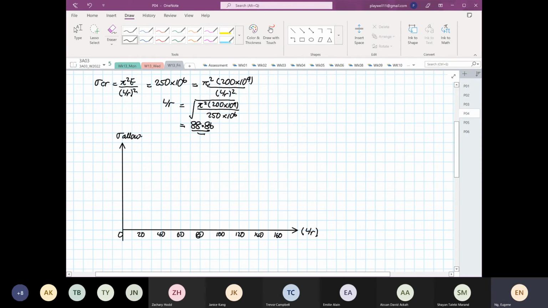I'm going to highlight a line over here, where our 250 times 10 to the power 6 comes in. Then on our x-axis, I'm going to highlight a line at 88.86. So physically, what does it mean?